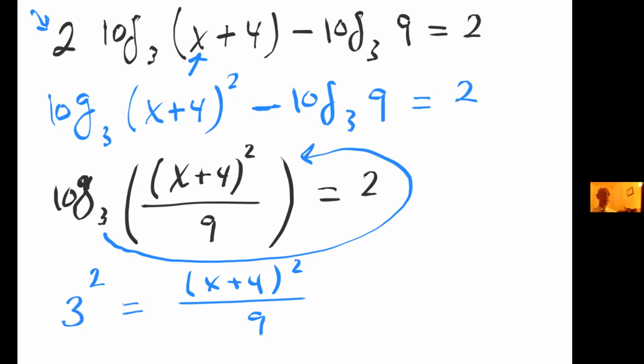However, if I plug in the negative 13 in here, I get in trouble, because negative 13 plus 4 is negative 9, and log base 3 of negative 9 is not defined. I cannot take a log of any base of a negative number.